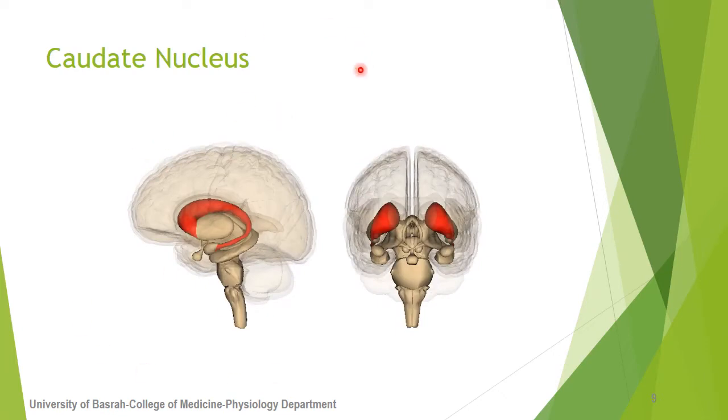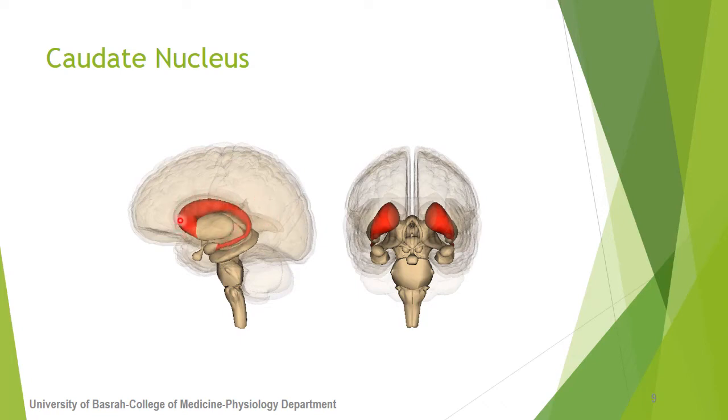The second circuit, we will mention the two circuits and then talk in detail about the function of the basal ganglia and these two circuits. Caudate nucleus: as we can see, this is the C-shaped red nucleus. First of all, it's a big nucleus, extended horizontally and then ending in a curved line, forming a C-shape.